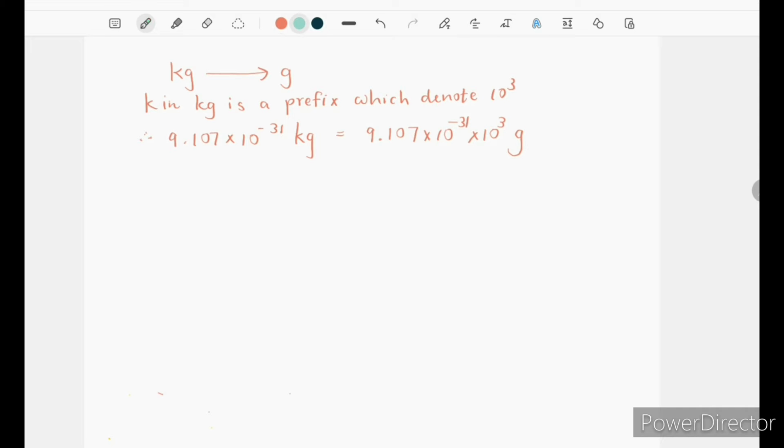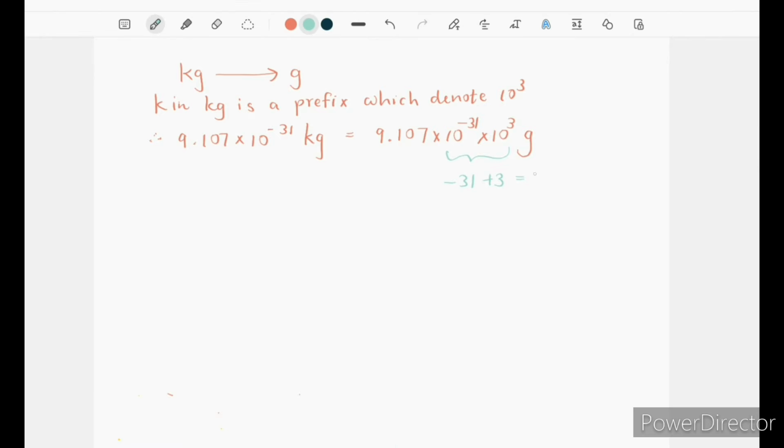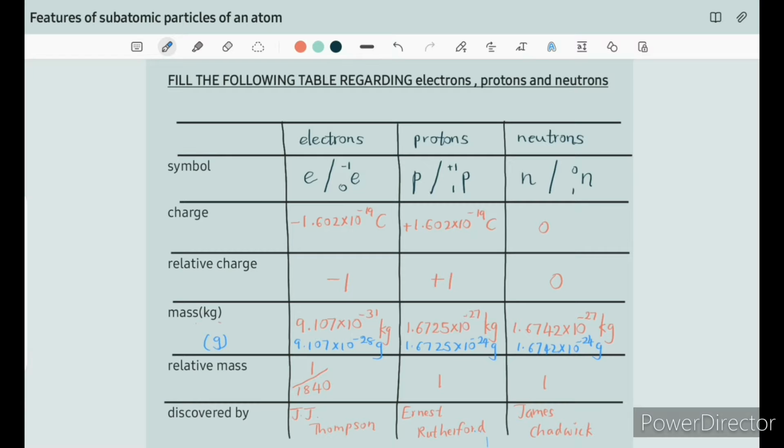When we simplify the powers of tens, which is minus 31 plus 3, we get minus 28. Finally, we get the answer as 9.107 into 10 to the power minus 28 grams.